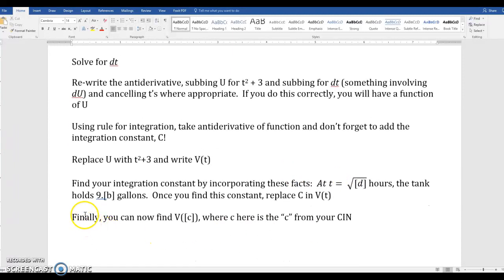Now, once you have done that, you can rewrite the volume equation v of t equals the general form with t, with a numerical value substituted for your integration constant. And then finally, you can answer the question that's originally posed.